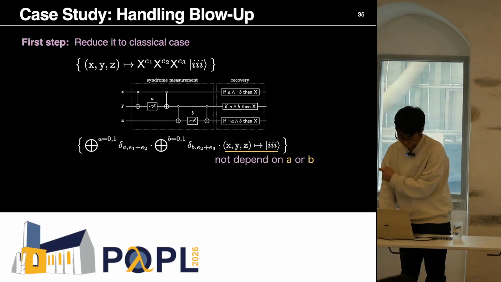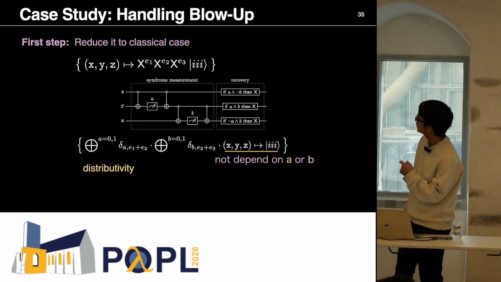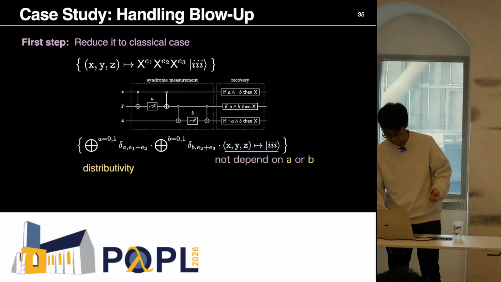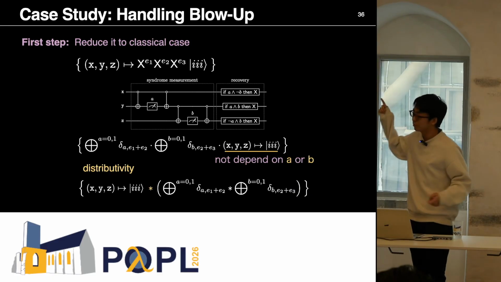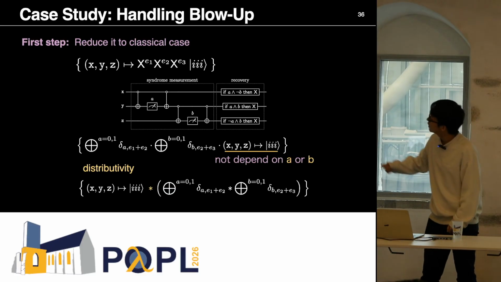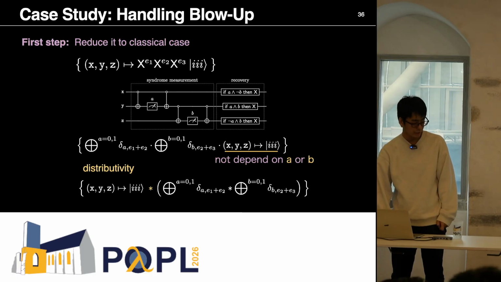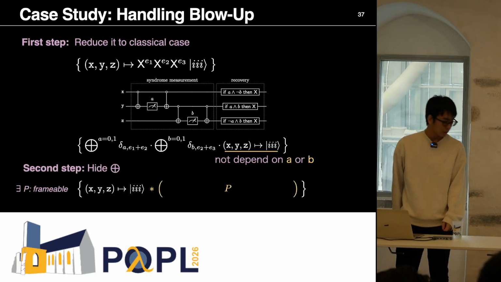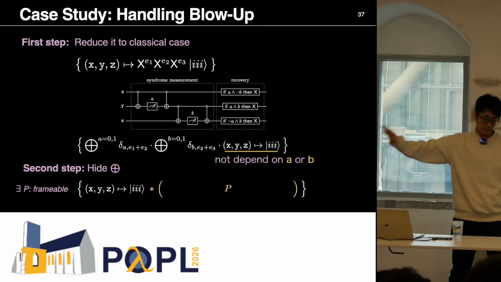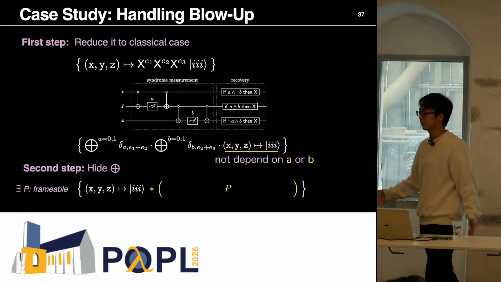Because of this, we can use the distributivity of O+ and separating conjunction. By using it, we can put this last part to the front and leave the O+ to the rest. What is important here is that because the rest part is not important, we can just forget it.